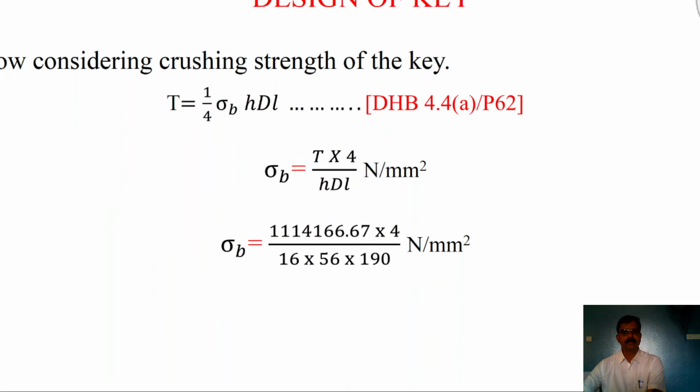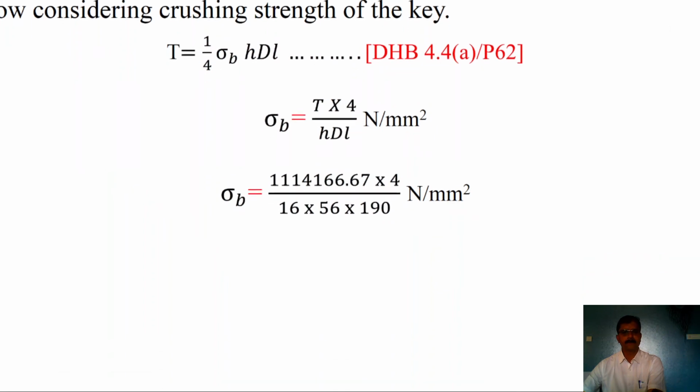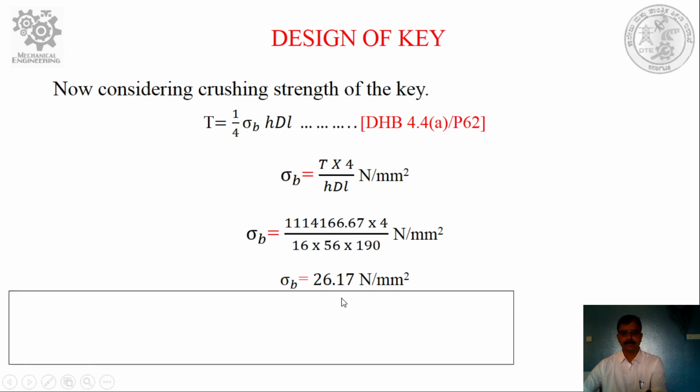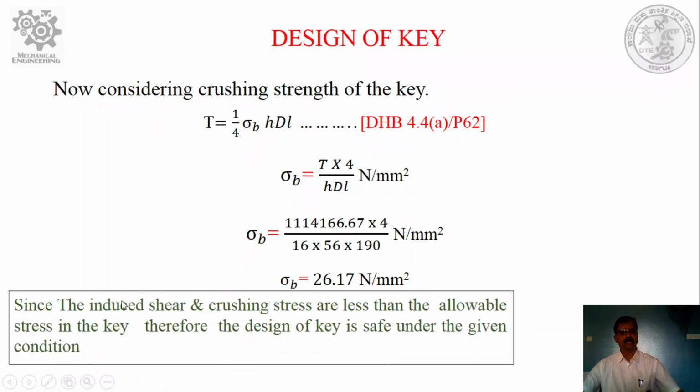Substituting the values here, we get sigma B as 26.17 Newton per millimeter square. Since the individual shear and crushing stresses are less than the allowable stress in the key, therefore the design of the key is safe under the given condition.